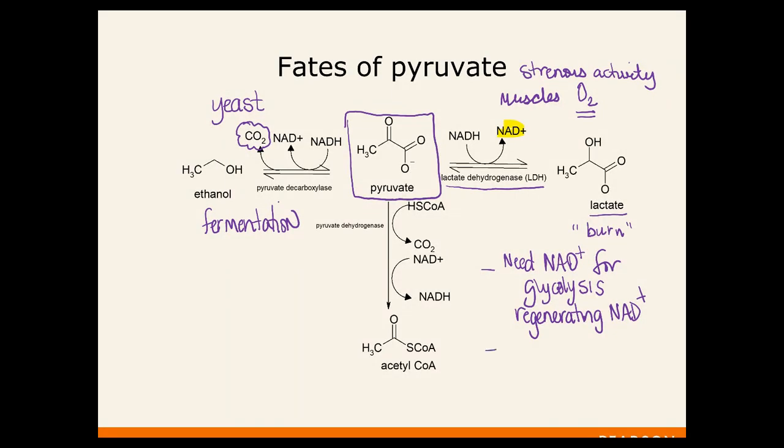And then another thing that happens here, not shown, is that lactate ultimately can go to the liver. And in the liver, this can be a substrate for gluconeogenesis.